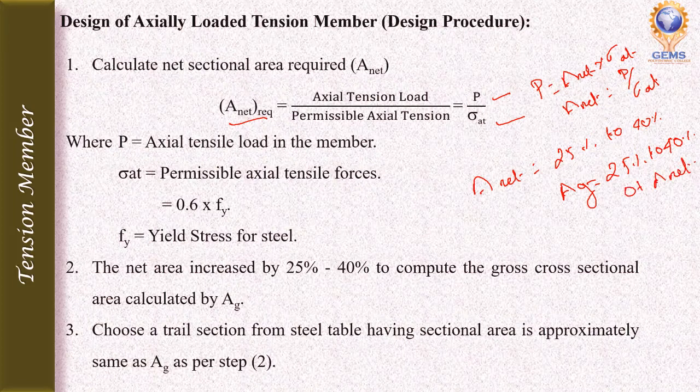Once you have the cross sectional area, you have to assume a suitable angle section, an unequal angle section, from the steel table.